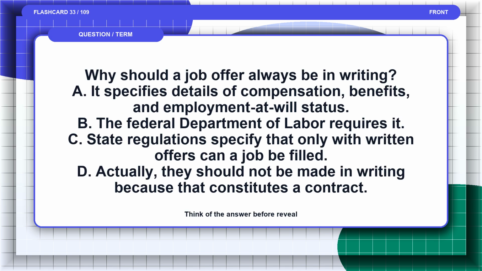Flashcard 33. Why should a job offer always be in writing? A. It specifies details of compensation, benefits, and employment at will status. B. The Federal Department of Labor requires it. C. State regulations specify that only with written offers can a job be filled.